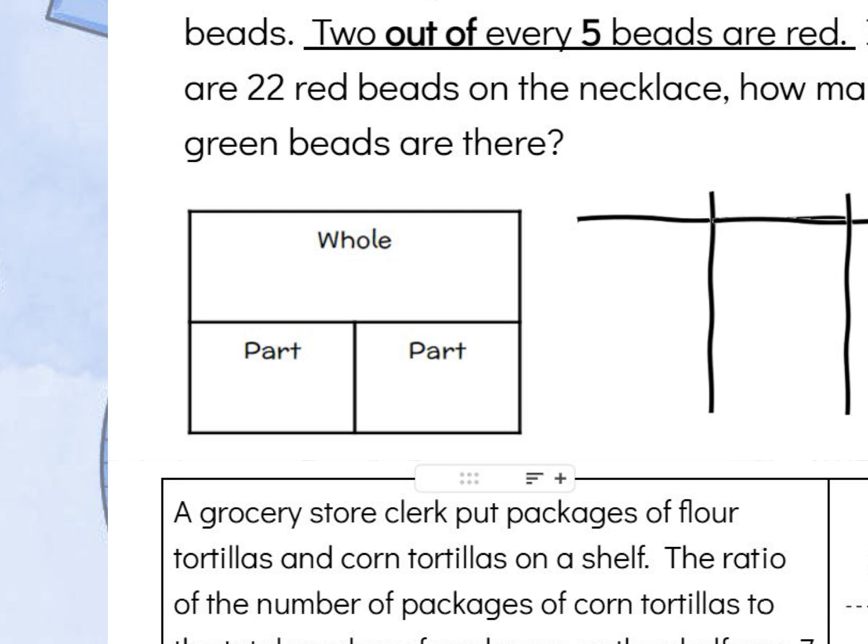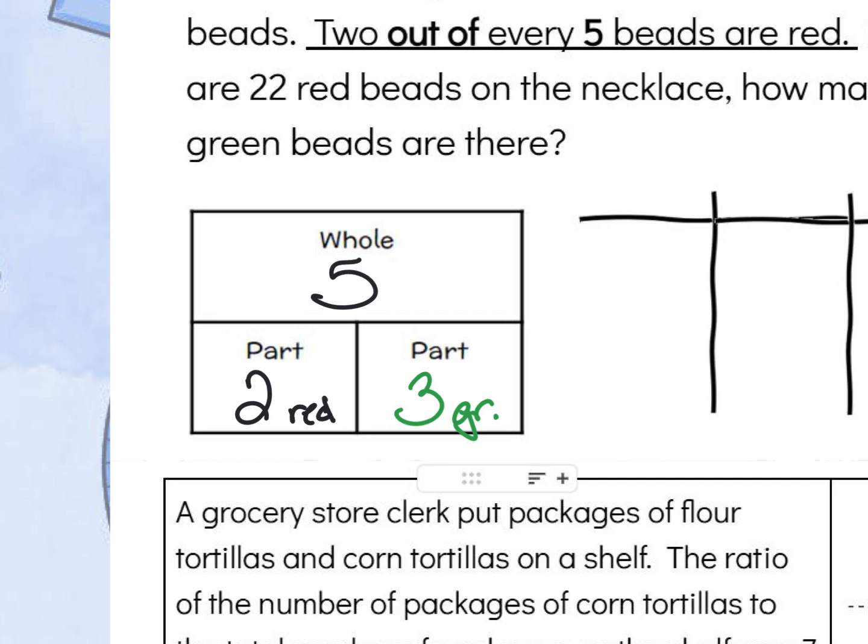So in this case, they are telling us that there are 2 red out of every 5 total beads. And so that means that the other part would have to be 3, right? Because the 2 parts together equal the whole.